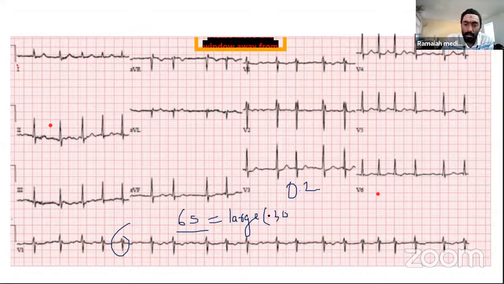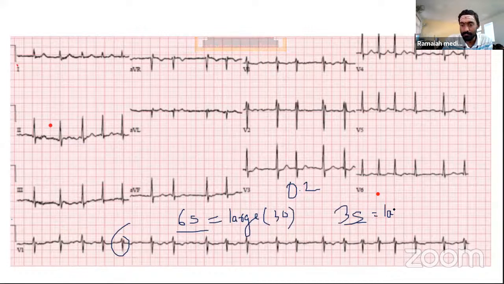Very good. So you count the number of QRS in 30 large boxes. Either you can do this or you can use even the 3-second rule. 3 seconds is you count for 3 seconds. So how many large boxes you will get? 15. Good. So you get 15.